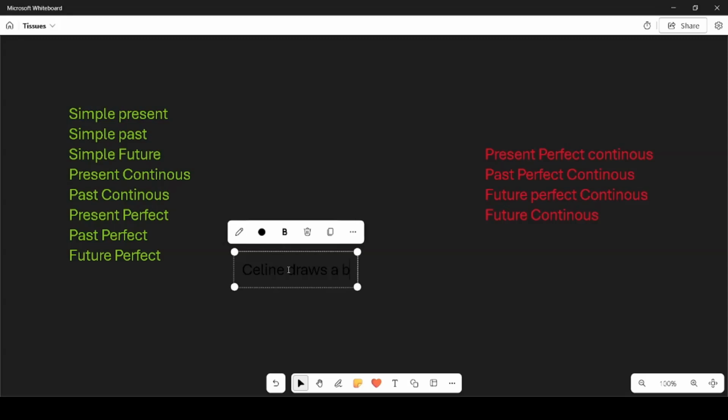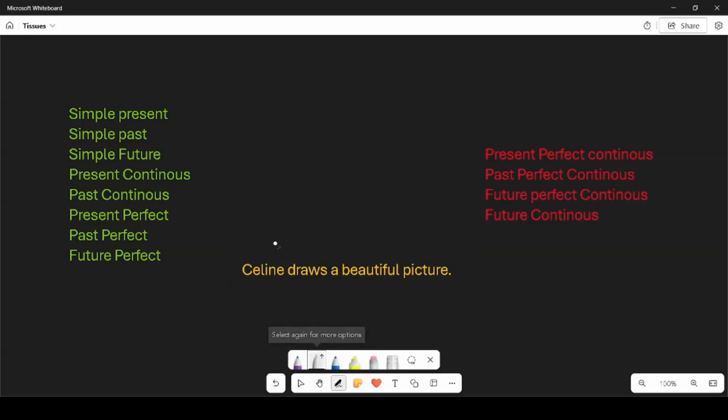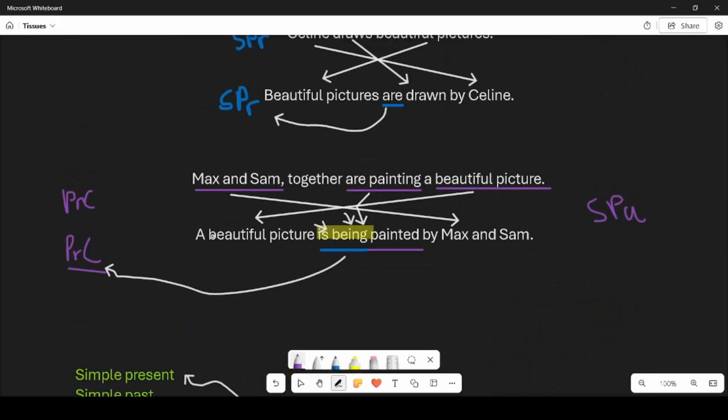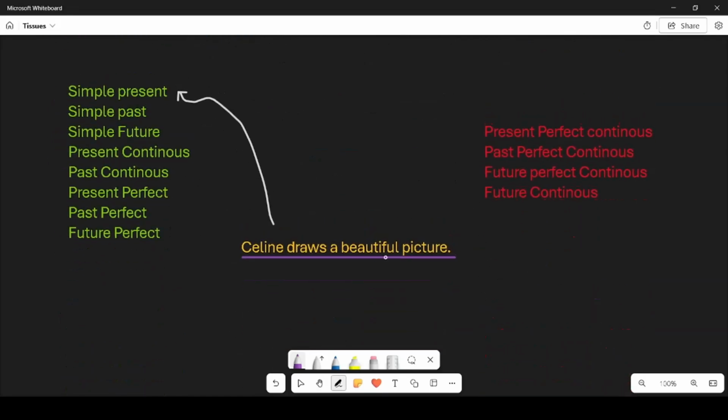Now this sentence is a simple present sentence. It can easily be converted into a passive voice sentence, like we discussed above. A beautiful picture is drawn by Celine. So we can convert it.